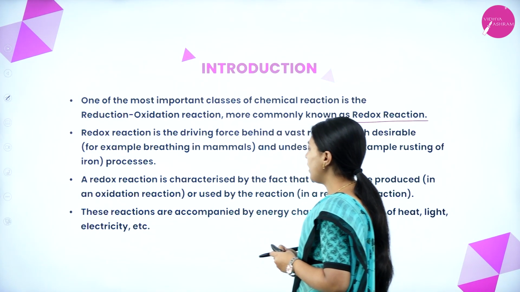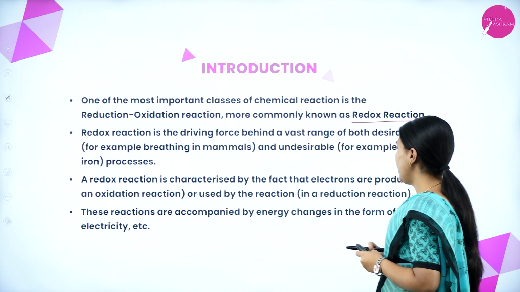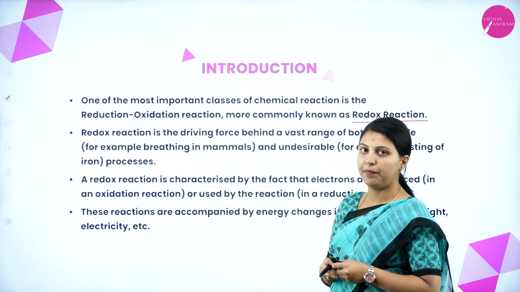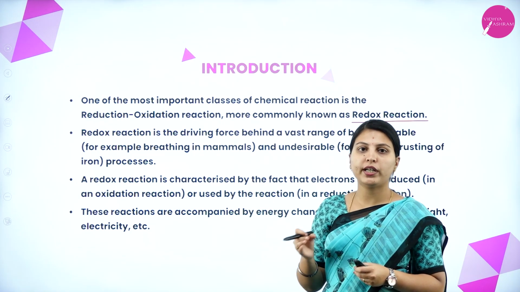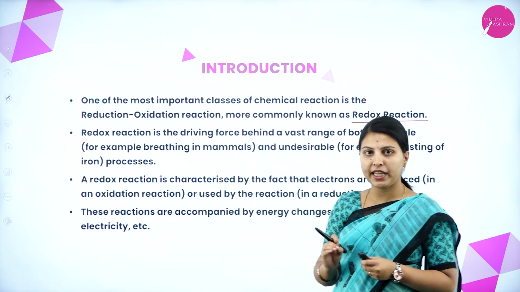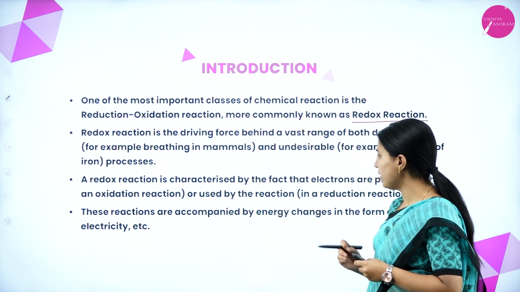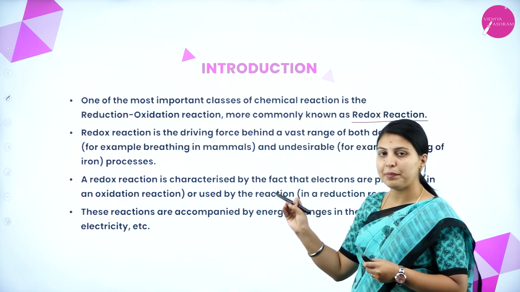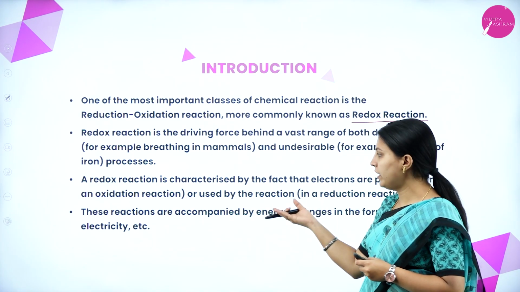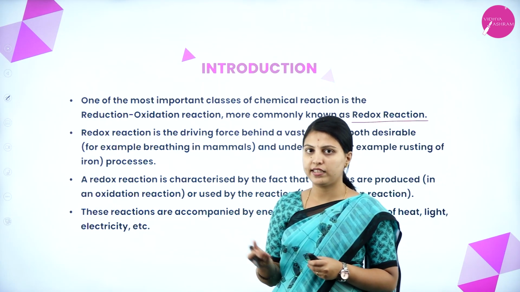These reactions are accompanied by energy changes in the form of heat, light, electricity, etc. This is a very important reaction, and there is also a wide range of applications behind these reactions. So, this reaction will be accompanied by energy changes in heat, light and electricity, etc.